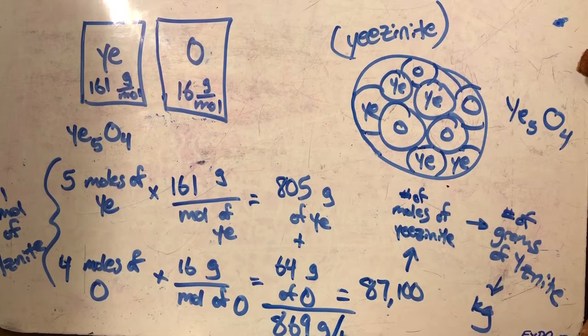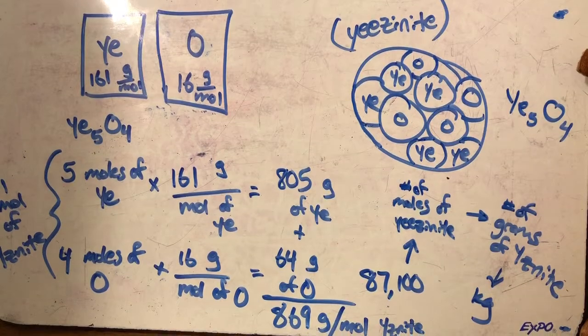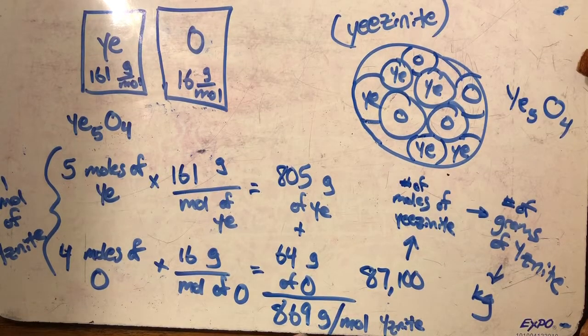So we can say grams per mole of Yeezinite. Okay. So this right here, 869 grams per mole, is our molar mass of Yeezinite.